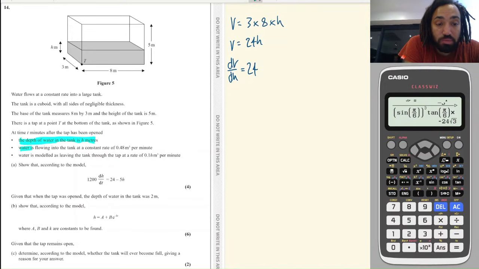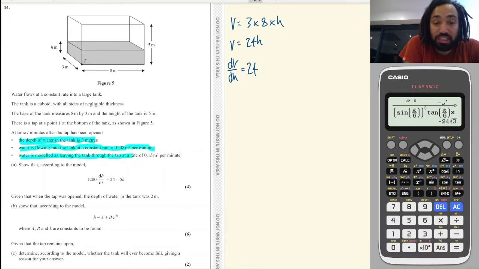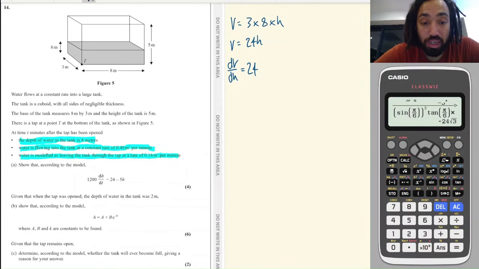The next part says the water is flowing into the tank at a constant rate of 0.48, and it says water is leaving the tank at a constant rate of 1.8 h per minute. So the rate that water is coming in or out of the tank is going to be the change of volume with respect to time, because that's what rate is.